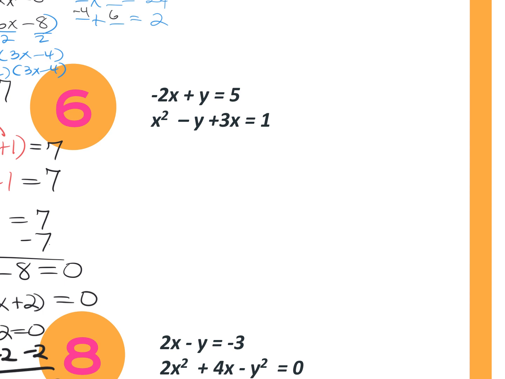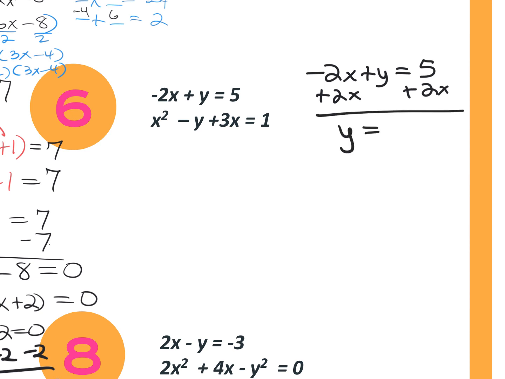All right, so again, I'm using substitution. So if I have something linear and it doesn't have a coefficient in front of the variable, that's what I'm going to solve for. So I'm going to take my first equation, the -2x plus y equals 5. I'm going to solve it for y. And all I have to do is add 2x to both sides. And I get y is equal to 2x plus 5.